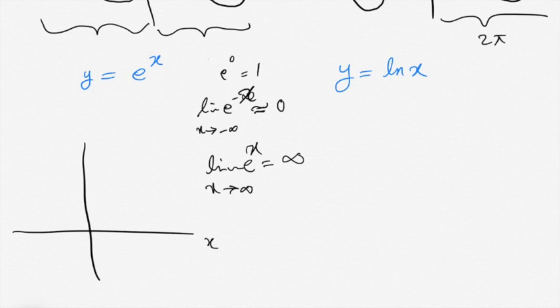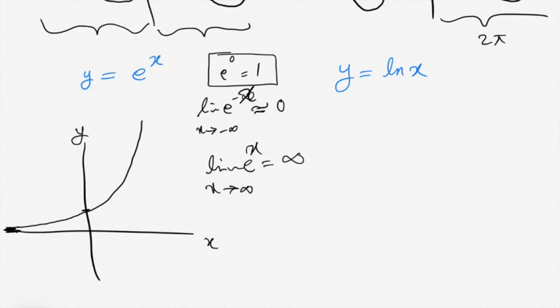And if you just want to draw it, you should find this part, right? So if x is equal to 1, therefore it's here, and if x approaches minus infinity, it's going to be close to 0, and therefore you have a kind of shape like this.